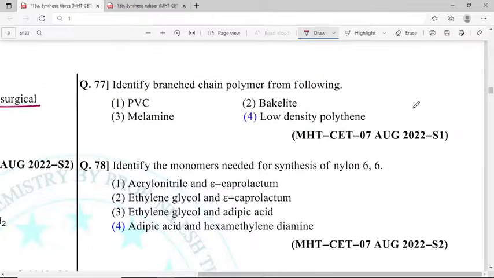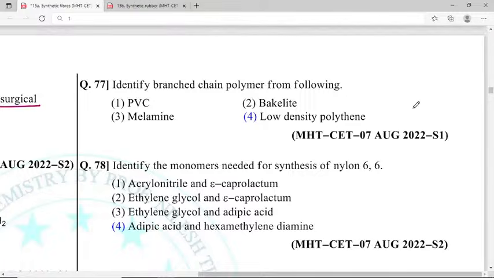Identify the branched chain polymer from the following. Low density polythene, LDP.